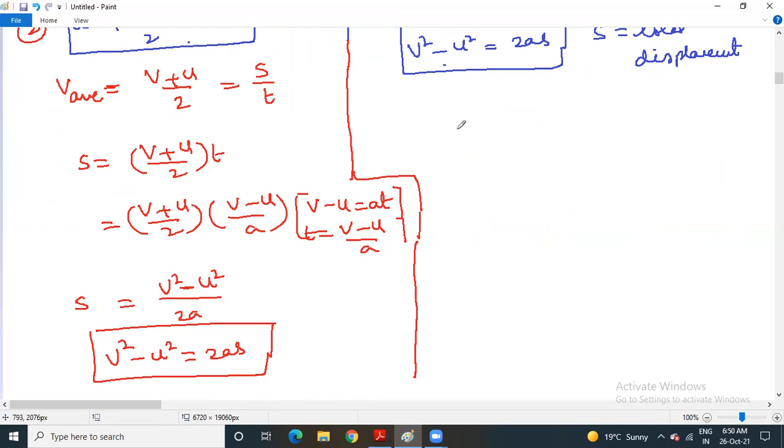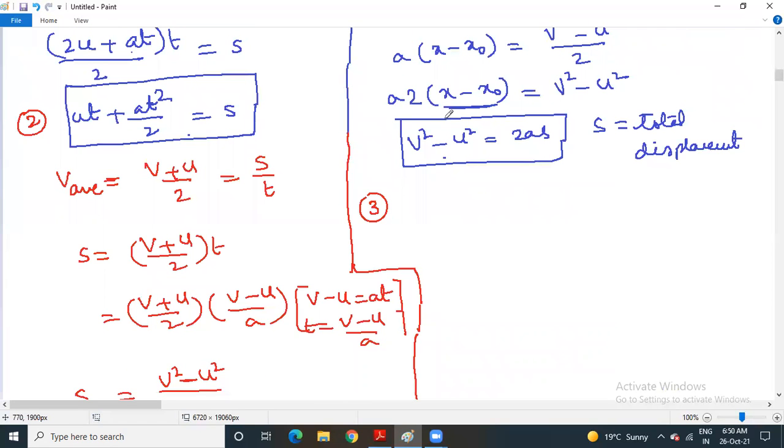Now let us try to have the proof of s equal to, let us say this is equation 3 in the general method. Now equation 3 is s equal to ut plus half at square, so let us prove it in the integration method.